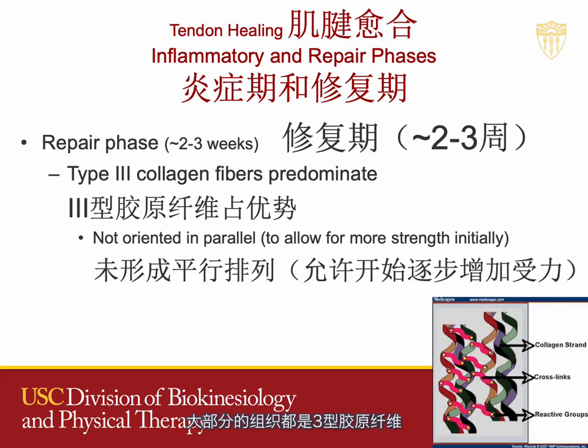And most of the tissue that's going to come in is type 3 collagen fibers. So the problem with type 3 fibers is that they're not oriented in that nice parallel position. They're not following those nice lines the same way that the original tissue did.